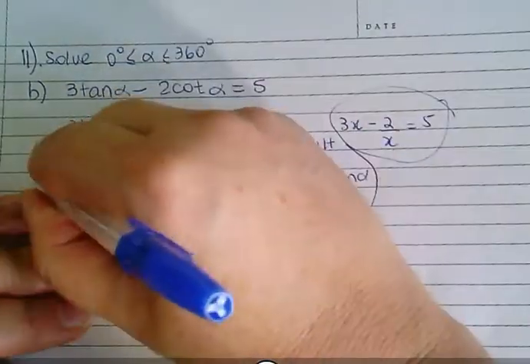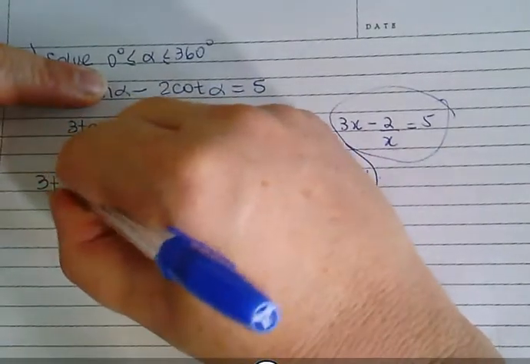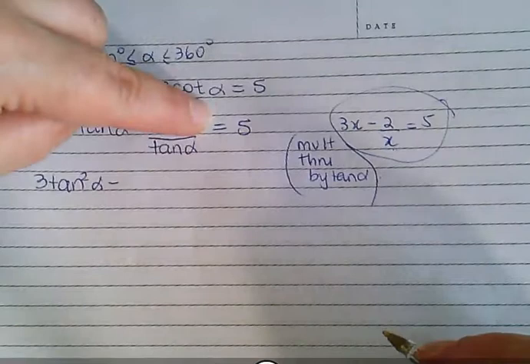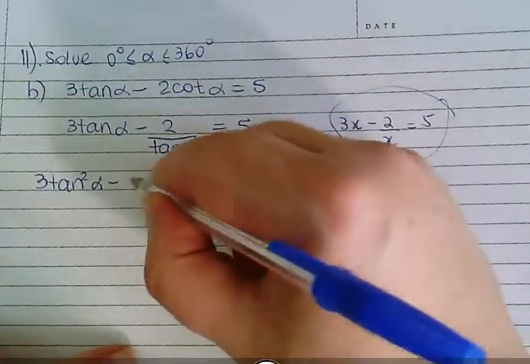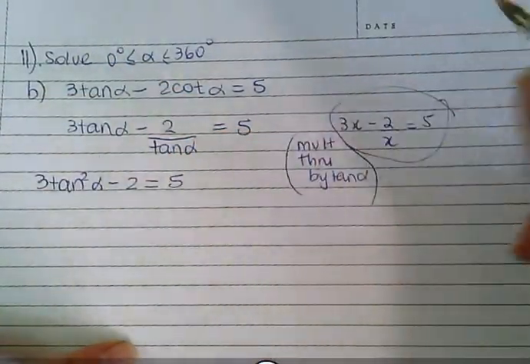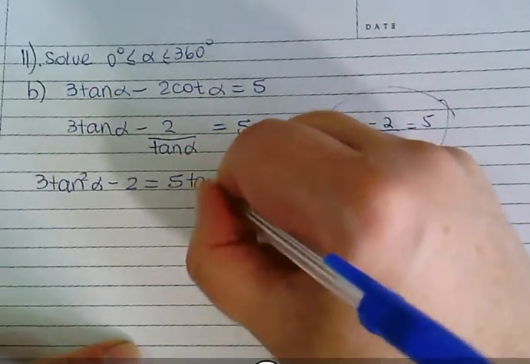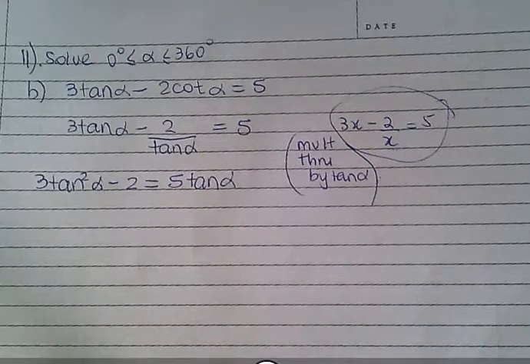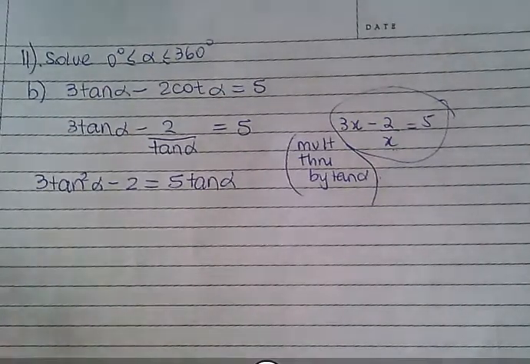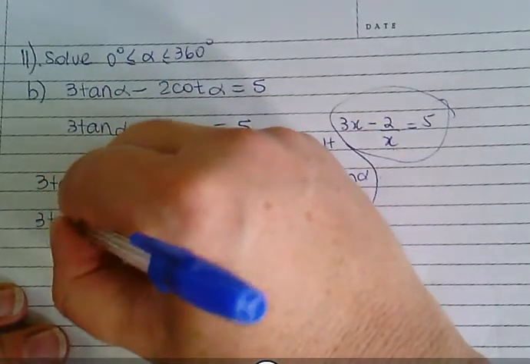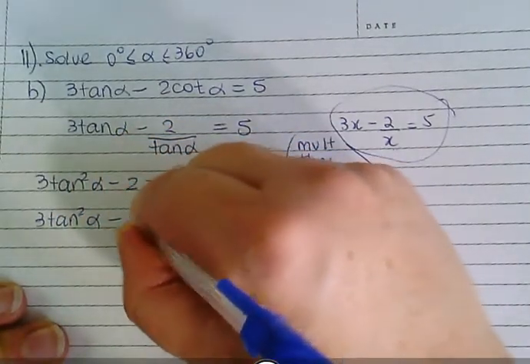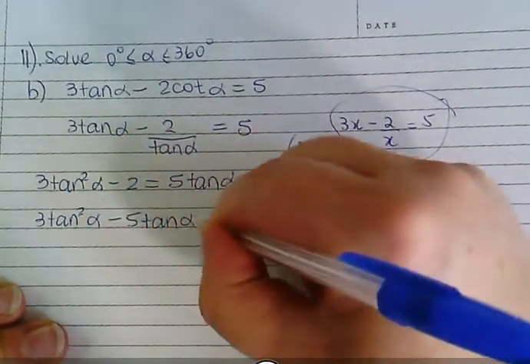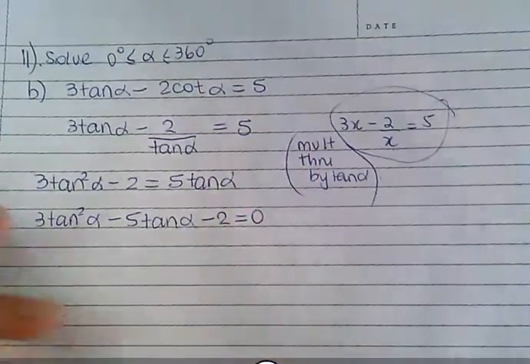So we've got 3 what? Tan squared alpha minus, if you multiply this by tan alpha, what do you get? Minus 2 equals 5 what? Tan alpha. Good. See what we've got now? Take everything to the left, put it equal to 0, factorise and solve. So we've got 3 tan squared alpha minus 5 tan alpha minus 2 equals 0.